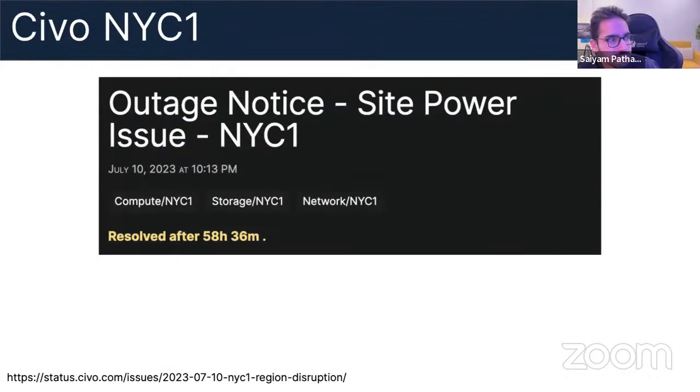So we talked about GCP, we talked about AWS. Civo had another site power outage as well, which went on for some time. So everybody is vulnerable to some of the power outages, some of the things that you cannot control because of natural calamities or fire breakouts and things like that.